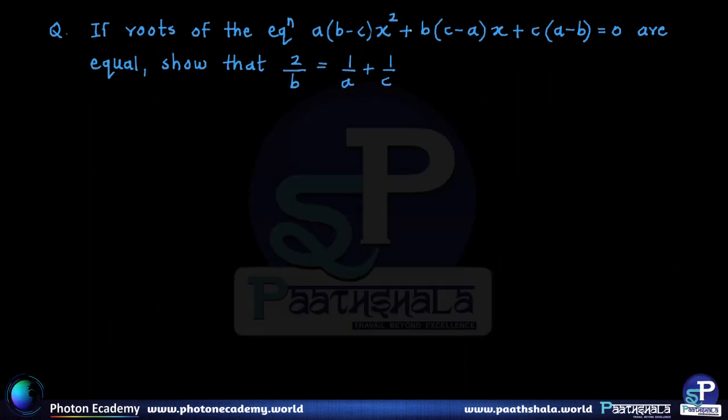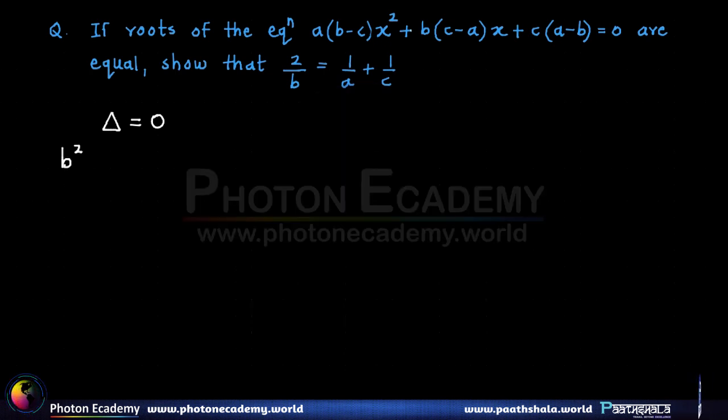And now here the condition for equal roots, as we know, is that delta should be equal to 0. So therefore writing the expression for delta, it is b square into c minus a the whole square minus 4 into a.